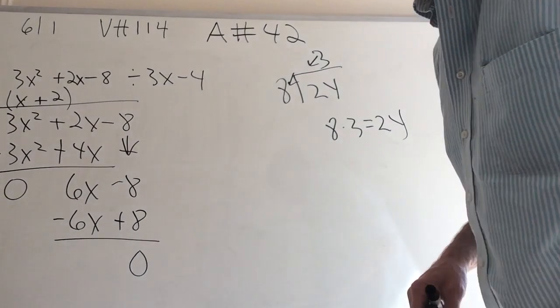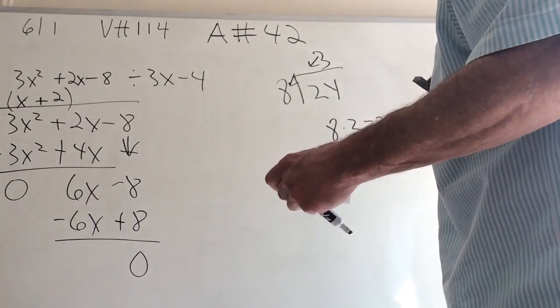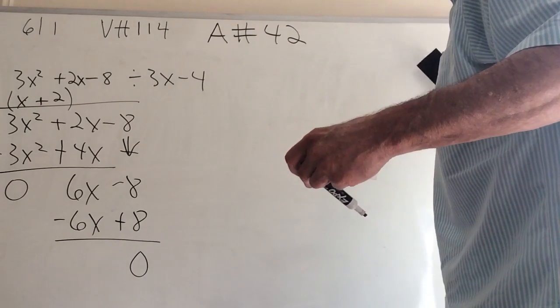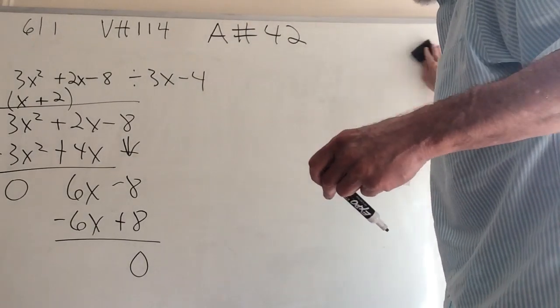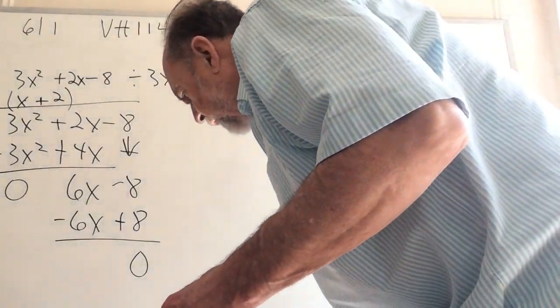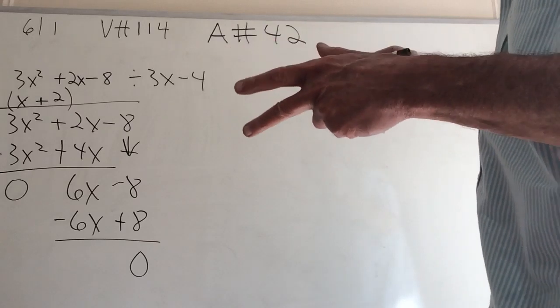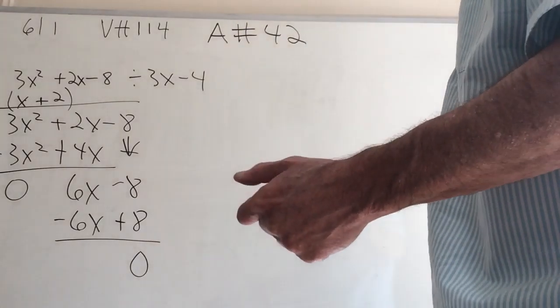The Regents wants this because you're backing up what you learned about FOIL and multiplying binomials. If you can multiply something without a remainder, you can divide something. So the Regents want you to see the connection between these algebraic expressions and numbers, okay?